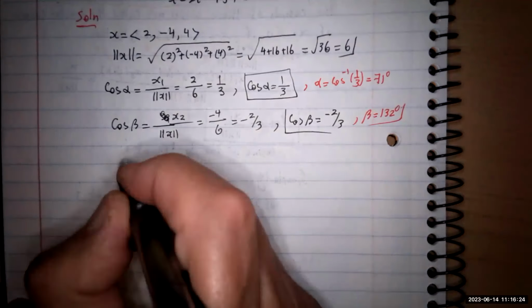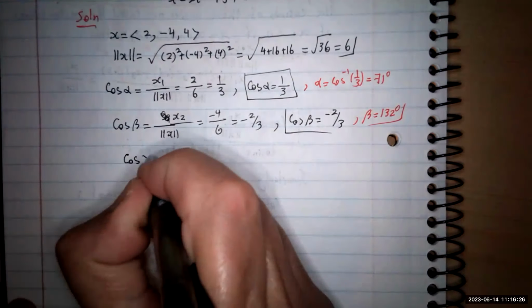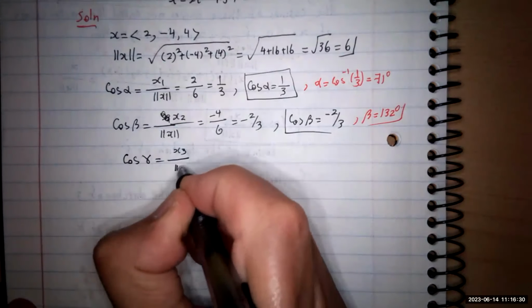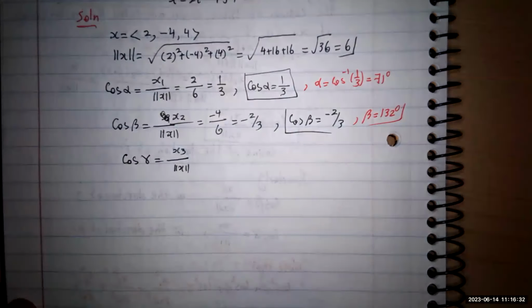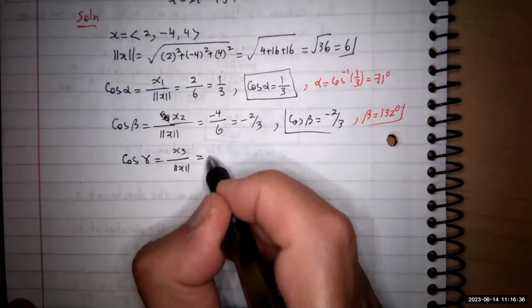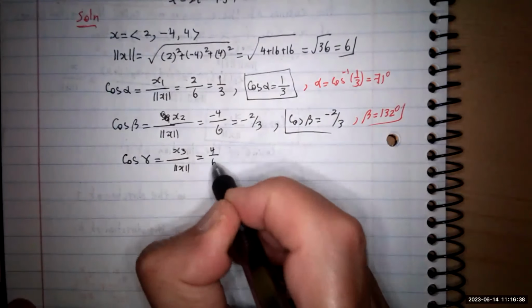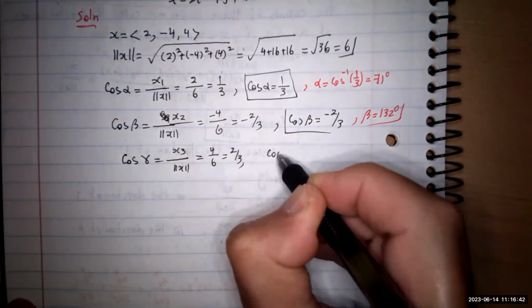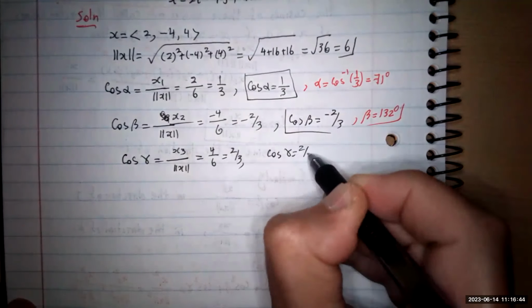Okay, and the last one, the cosine of gamma, is going to be x3 over the norm of x. x3 is equal to 4. So that gives us 4/6, which is 2/3. So the cosine of gamma is 2/3.